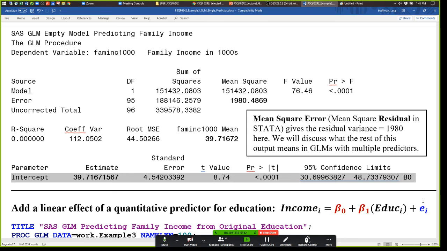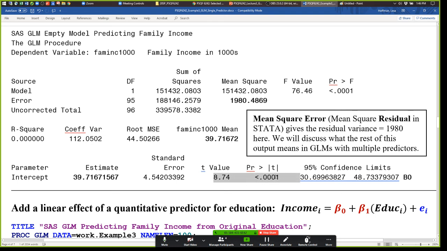So that's how far off this intercept would be from the population intercept on average across samples. If I take 39 and some change and divide it by 4 and some change, that number is 8 and some change. A t of 8.74 would be observed less than 0.001% of the time.